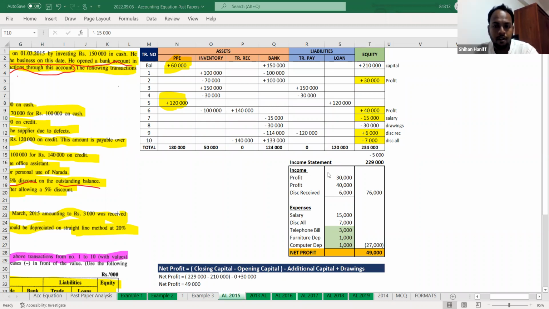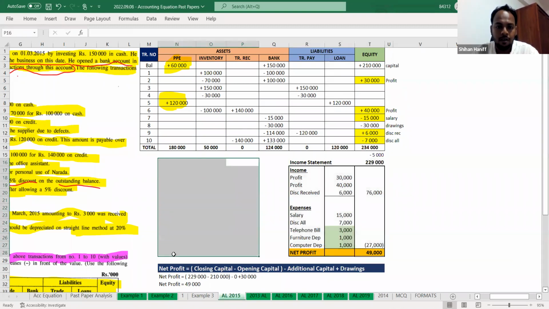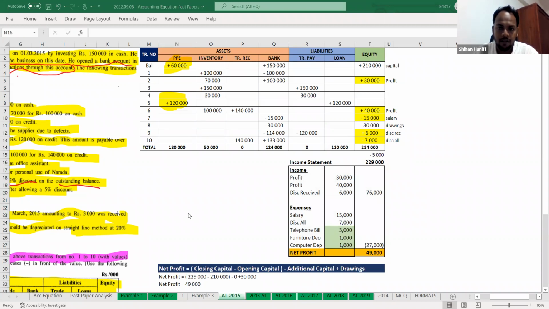Anyway, the next point is we are doing the income statement, with the sales and cost of sales. So let's do another income statement.